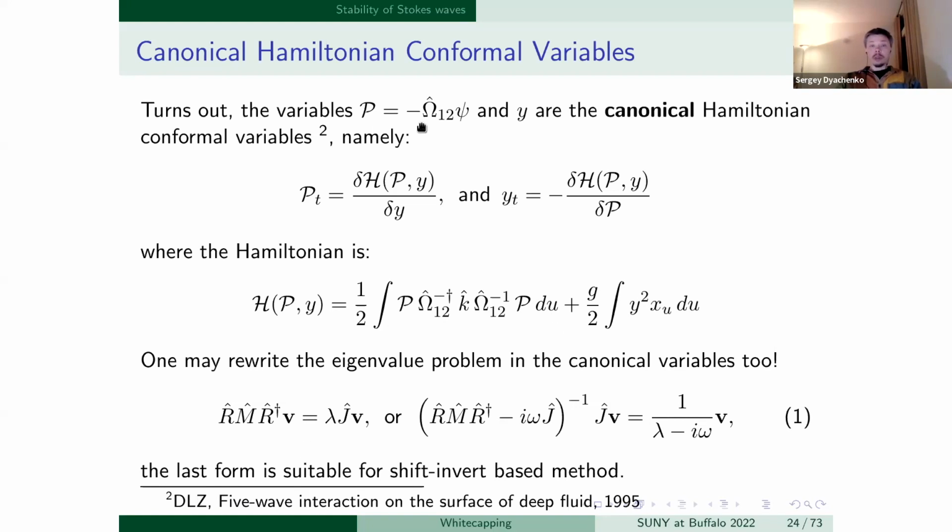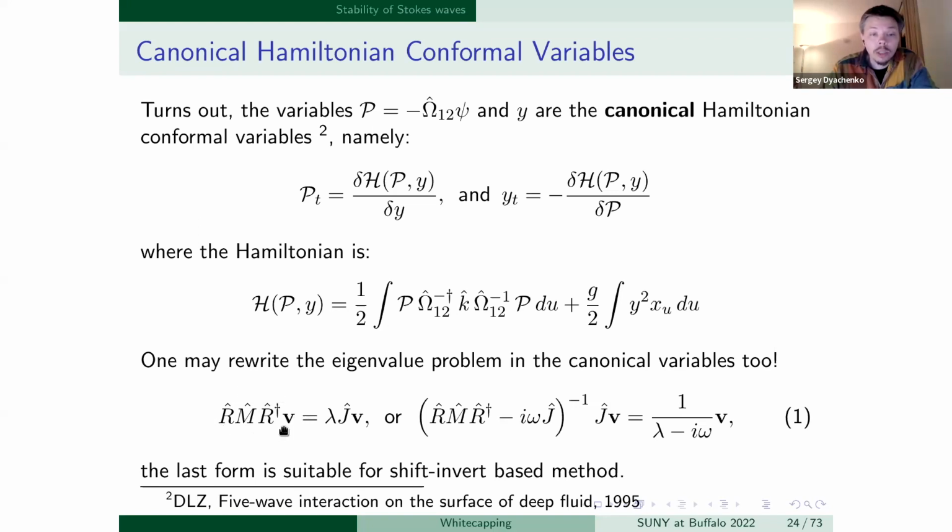In these variables p and y, you can rewrite the eigenvalue problem as follows. The operator R is related to the inverse of the operators omega 2,1 and omega 1,2. I will skip the details; I think they're too tedious to write down. These operators R, M, and R dagger: look at the structure of what you have on the left-hand side.